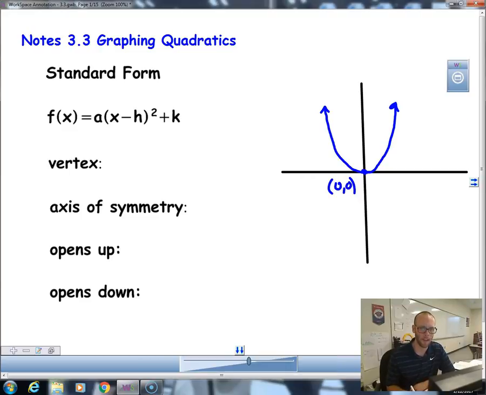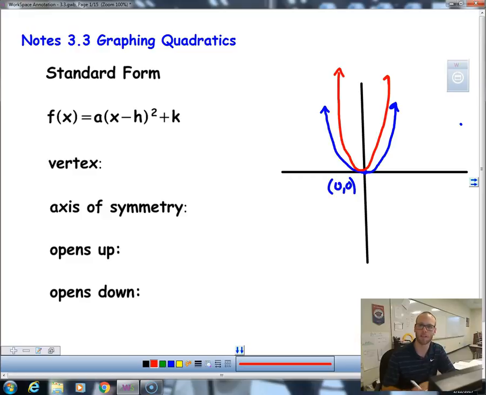Well, we know that the a, like I said, stretch, compress, reflected vertically. Is that going to change where the vertex is located? If I stretch it vertically, does it change the vertex? No. How about when I reflect it? Does it change where the vertex is? No, it doesn't. So the a does not impact the coordinates of the vertex at all.